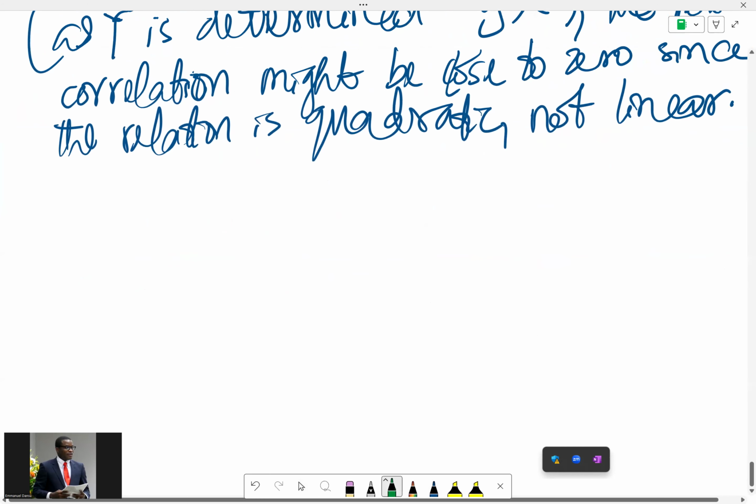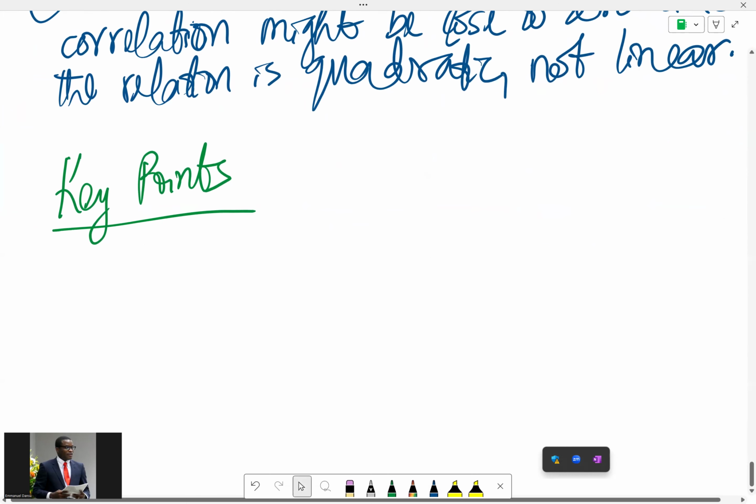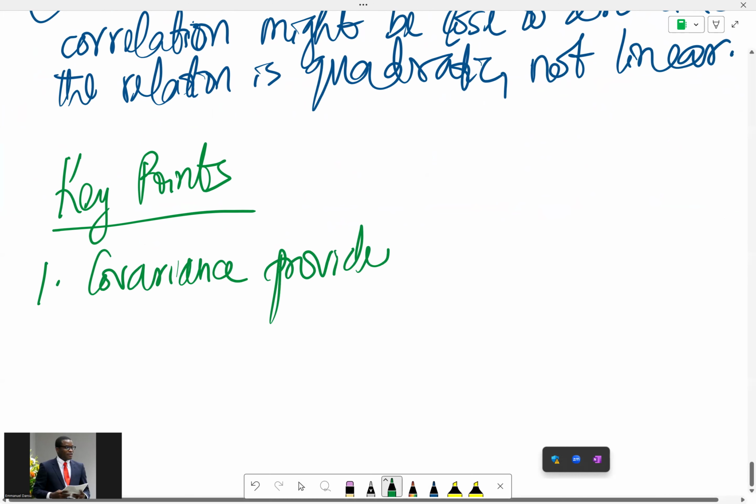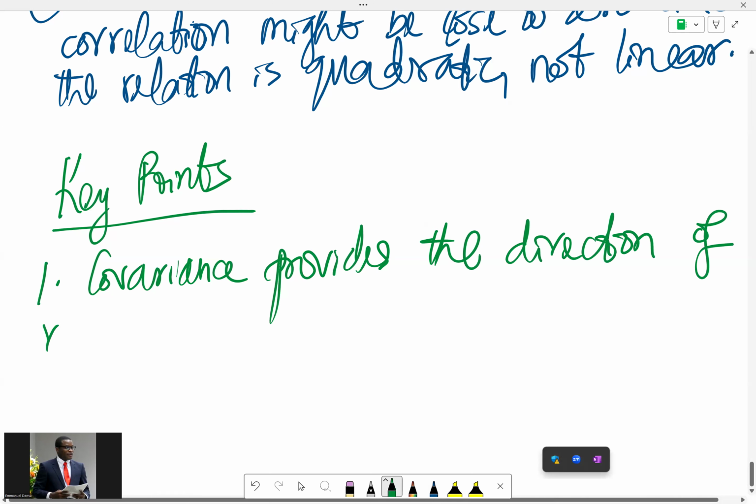All right, so can we do a kind of summary now? Key points that you have seen so far about covariance and correlation. The first one is that covariance provides the direction of relationship, but not the strength.